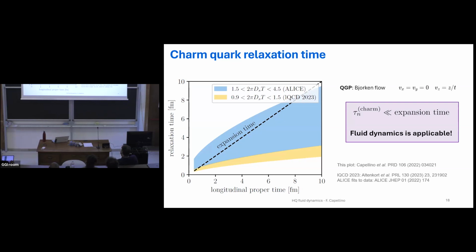And what we see is that for a large portion of these values of the spatial diffusion coefficient, basically the heavy quarks spend most of the evolution time in the regime where fluid dynamics is actually applicable. So this is for the case of charm quark. So from this we said, okay, this seems to work, so we can try to apply really fluid dynamics in a simulation to see what comes out.